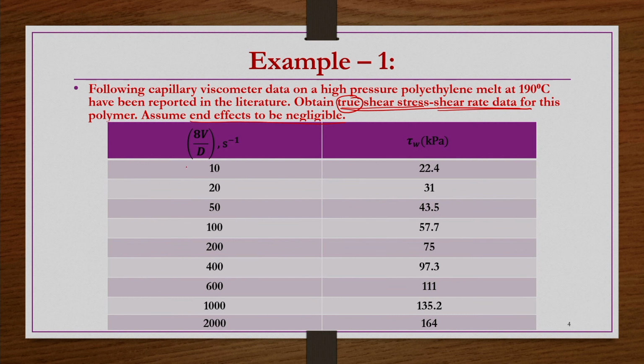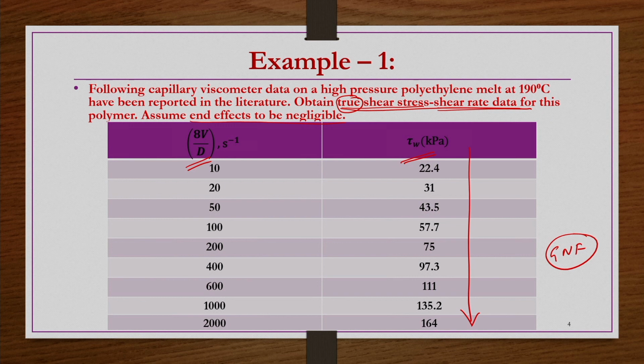Data is given as 8V by D versus tau W. For generalized Newtonian fluids, or time independent non-Newtonian fluids, whatever we have studied in the previous class, tau W is nothing but the true shear stress. So, we do not need to make any change in these values, that is already given.